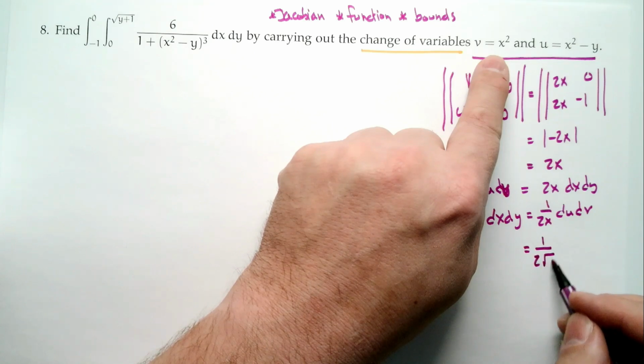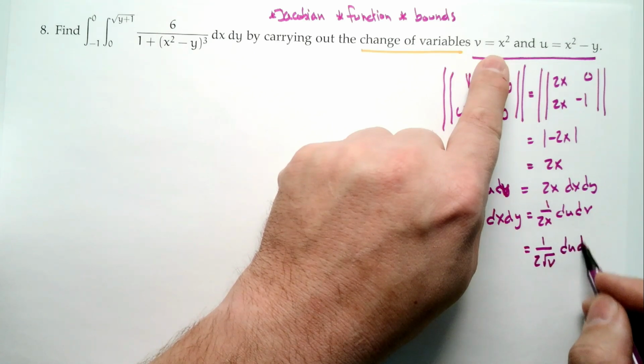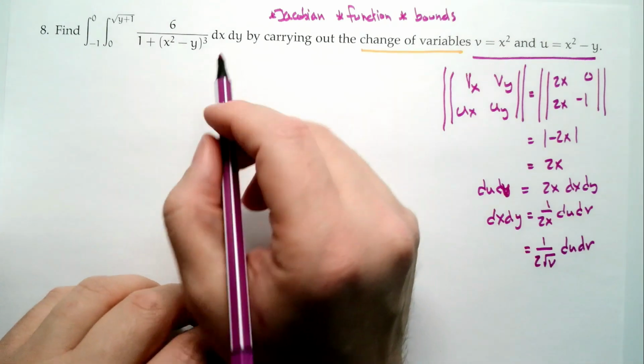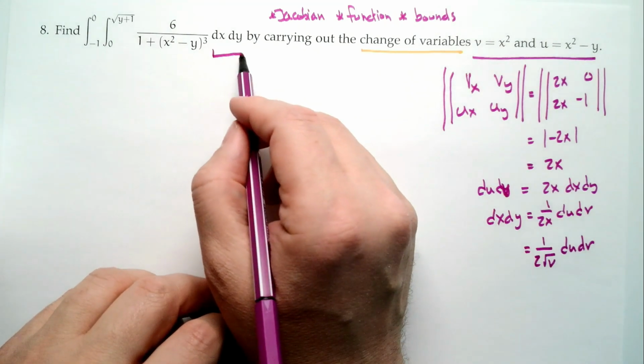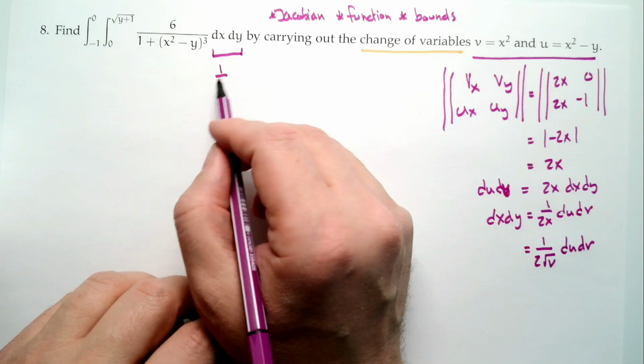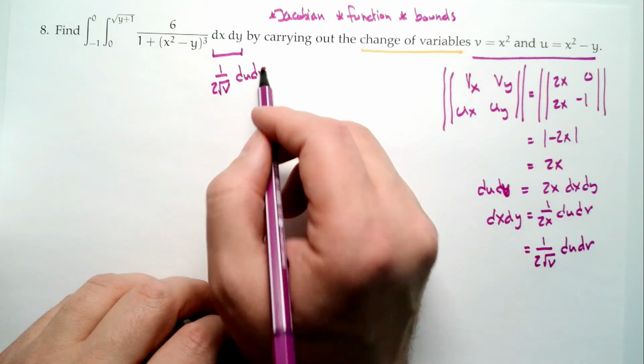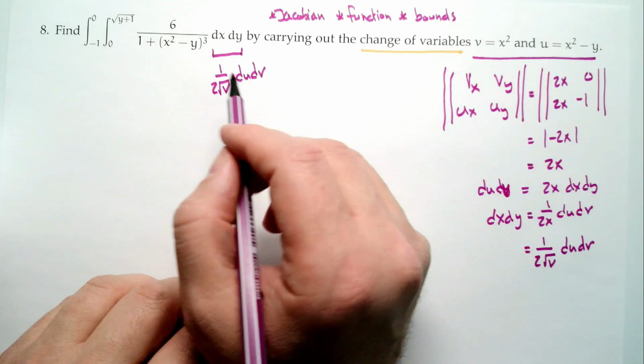So 2 square root of v du dv. And now I have my change of variables. The dx dy part I can carry out. So the dx dy, I'm set: 1 over 2 root v du dv, or dv du. We'll figure that out in a second.